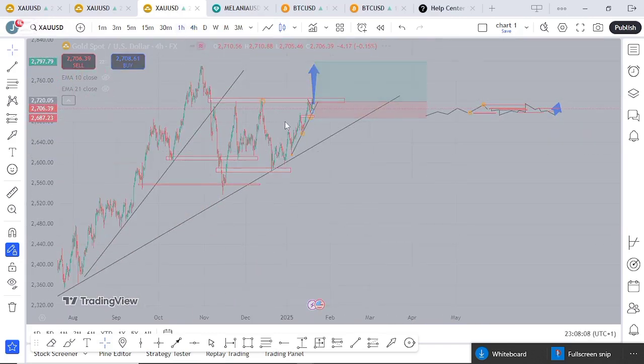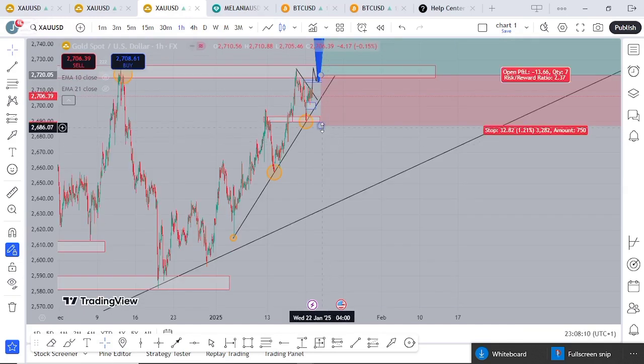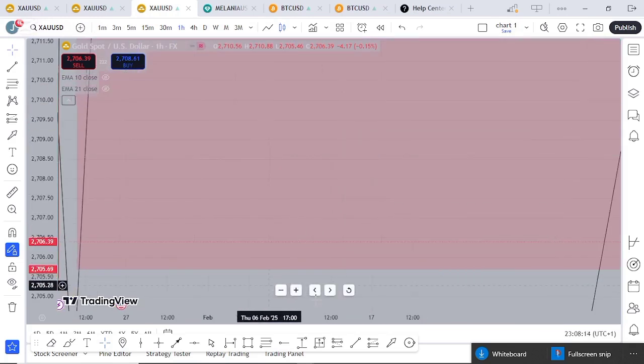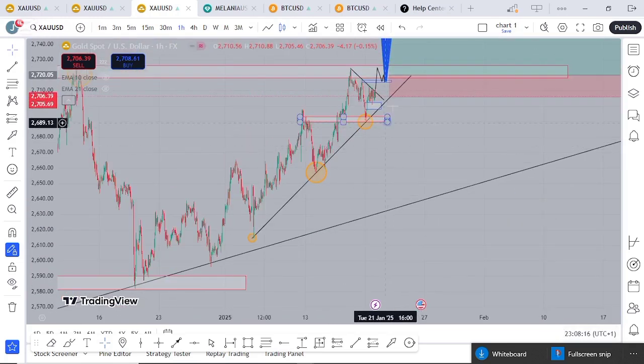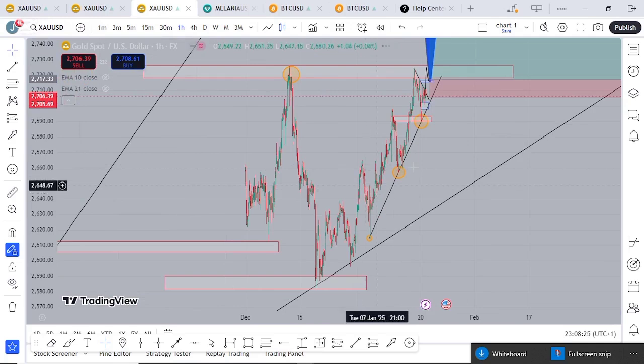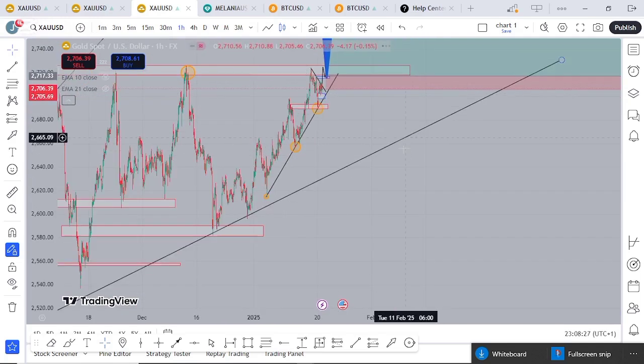Then where will be our stop loss? This is our entry point at this zone. Let me check our stop loss, guys. Our stop loss is almost 100 and something pips. So we are on a ratio of 1:6.